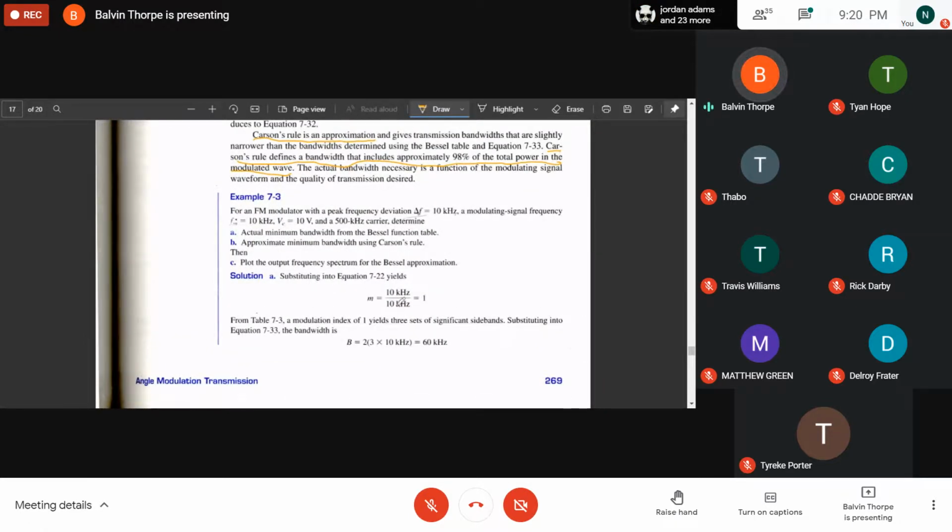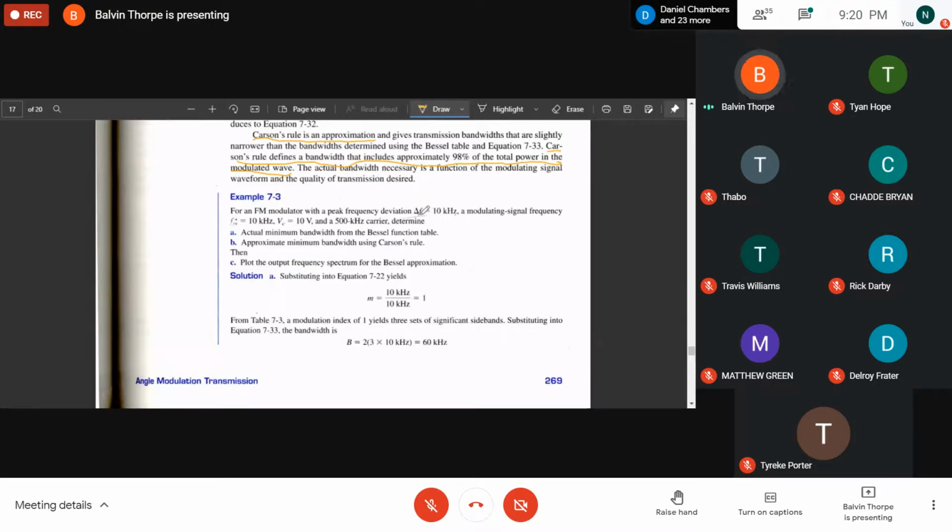Well, the first thing we have to do is to find what the modulation index is. And the modulation index for an FM wave is delta F over FM. I'll say it again, the modulation index for an FM wave is delta F over FM.